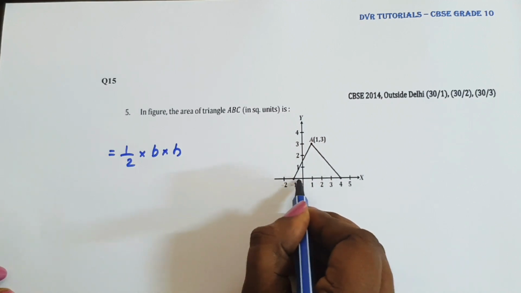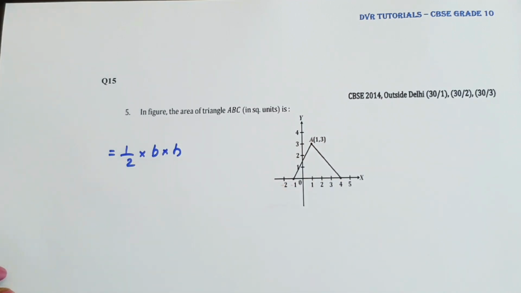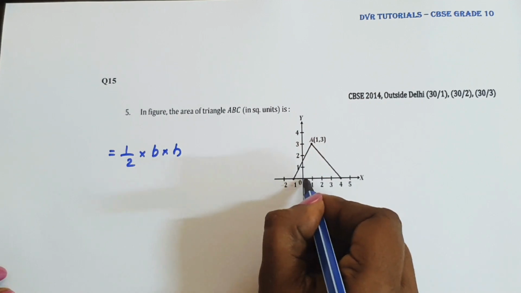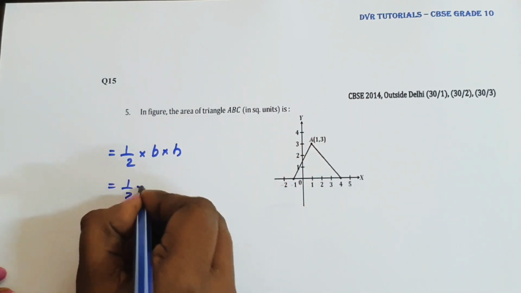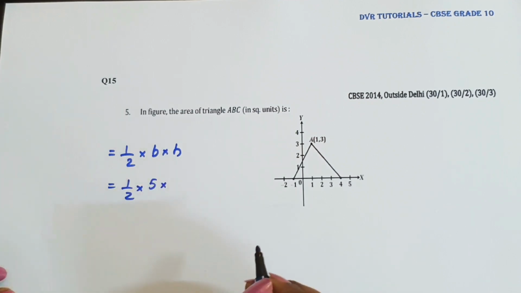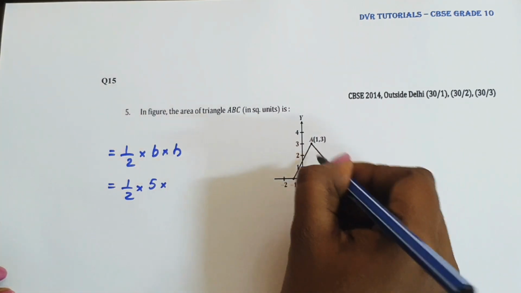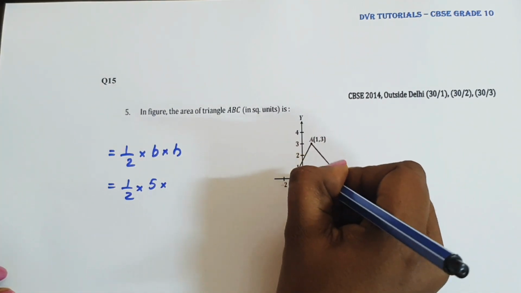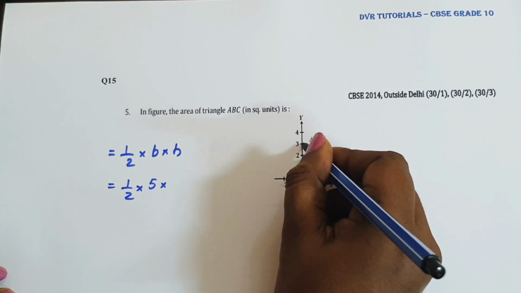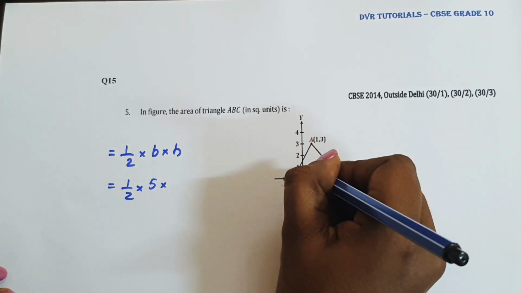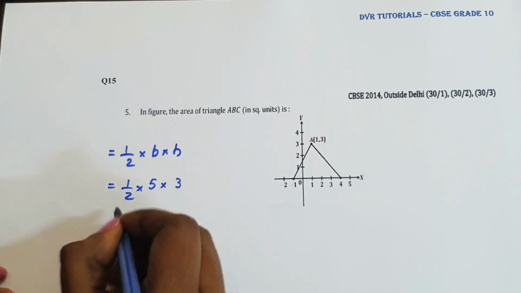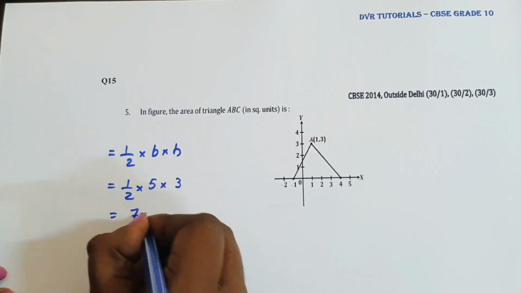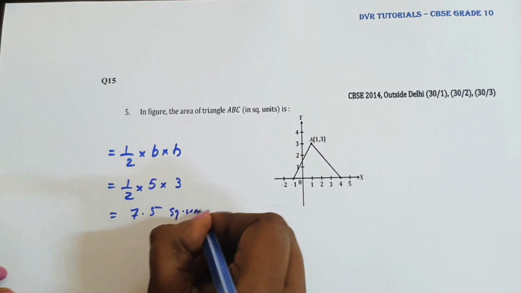See how many steps we are moving to reach from 1 to 4? 1, 2, 3, 4, 5. So half into base is 5 units and height, the perpendicular height, which is vertical. So how many units are we going vertically up? We are going 1, 2, 3 units up. So it is half into 5 into 3, which is equal to 7.5 square units.